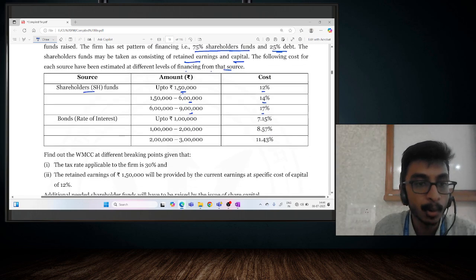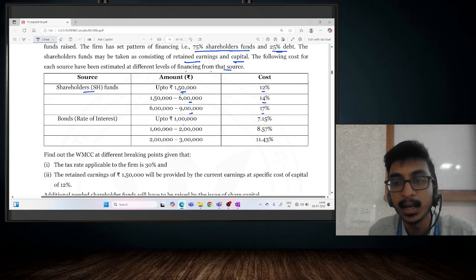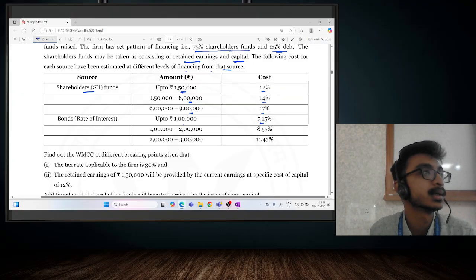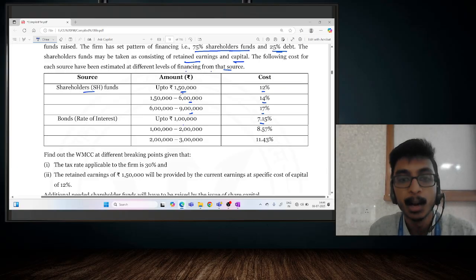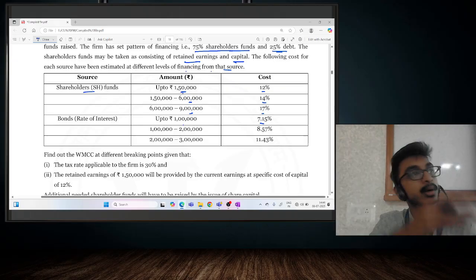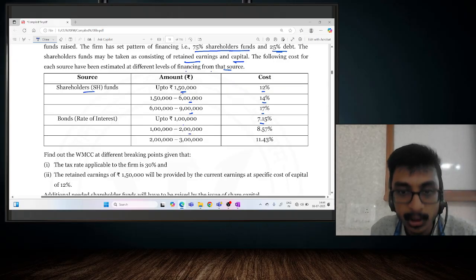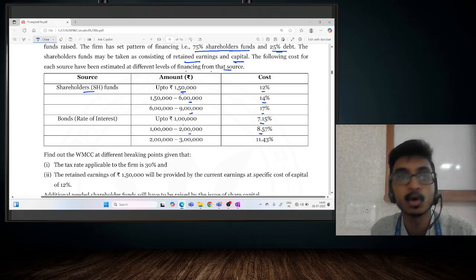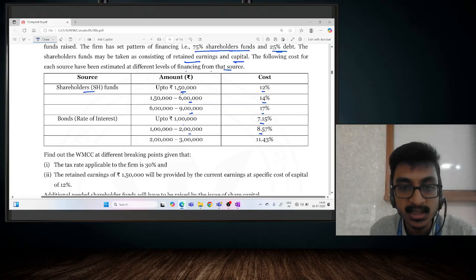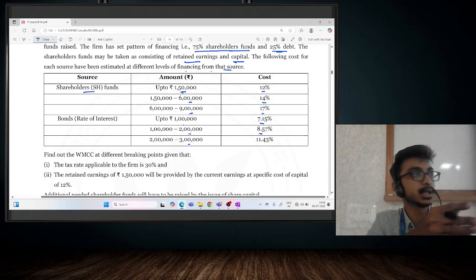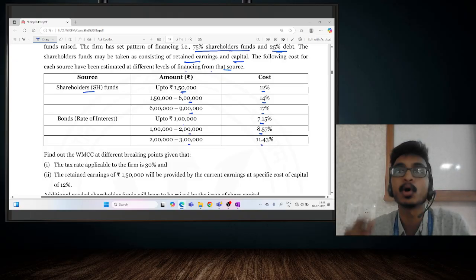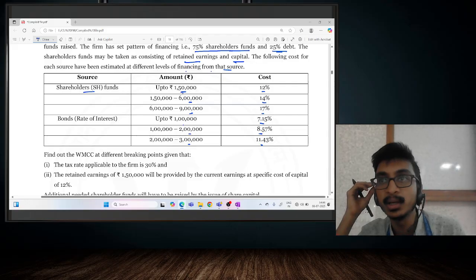Similarly, for bonds or debt, up to 1 lakh rupees, you can borrow money at 7.15%. But when you are going beyond 1 lakh rupees and you are within the 2 lakh rupees range, you can borrow money at 8.57%. And when you are going beyond 2 lakh rupees and you are within 3 lakh rupees, you have to borrow money at 11.43%.